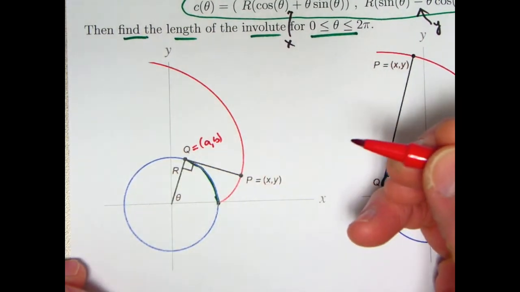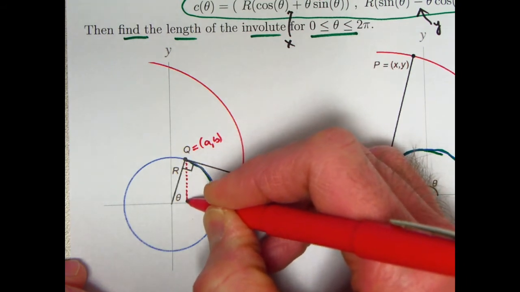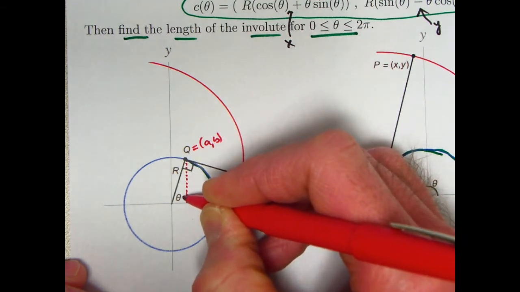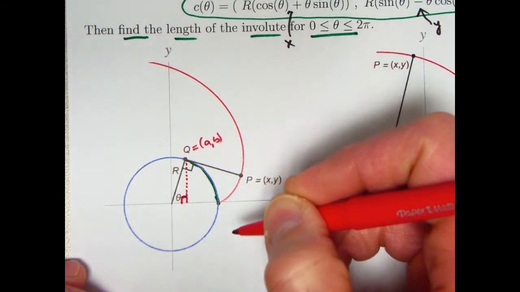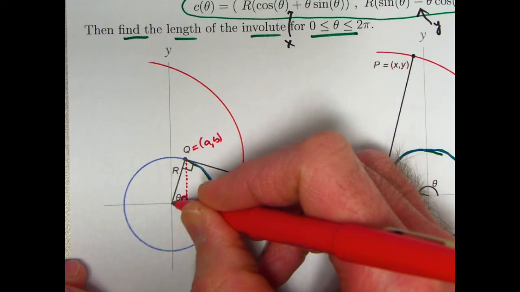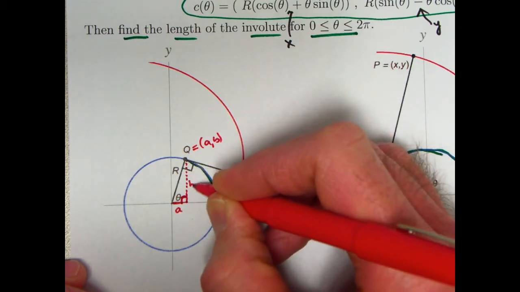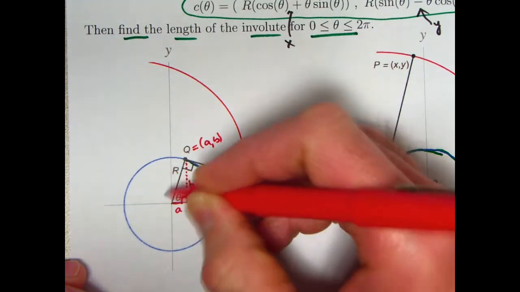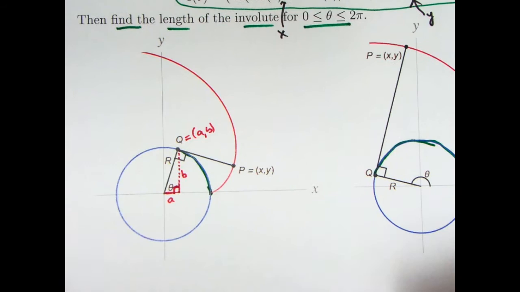And for this picture, if you draw a line straight down from Q to the x-axis, making a right angle here, and if the coordinates of Q are a comma b, then a does have to be the length of this side of this right triangle, and b does have to be the length of this side. And r, the radius of the circle, is also the length of the hypotenuse.